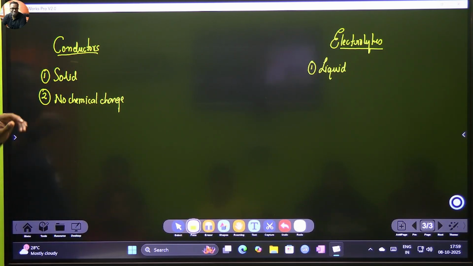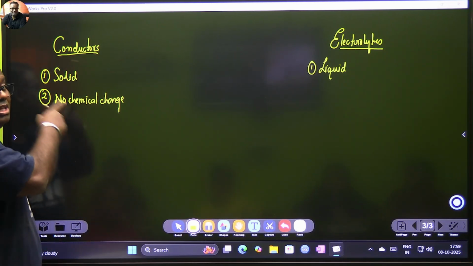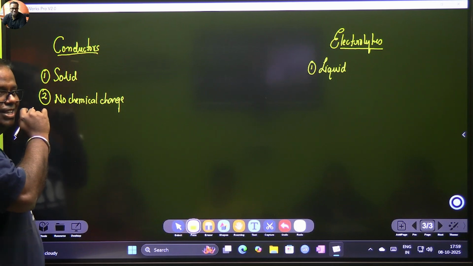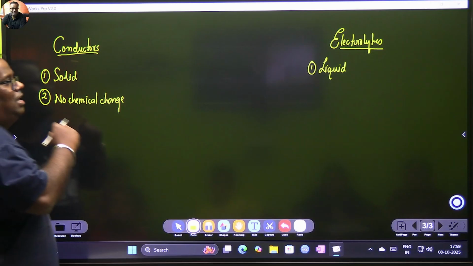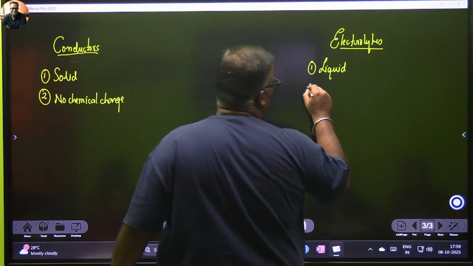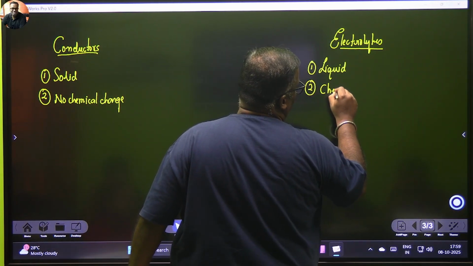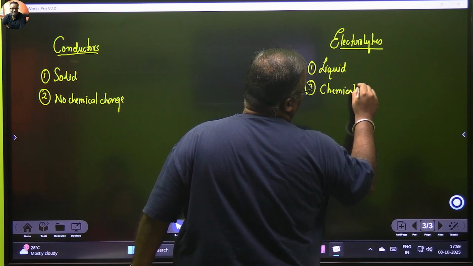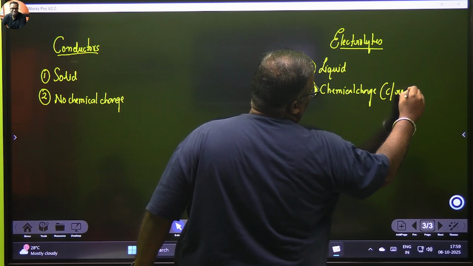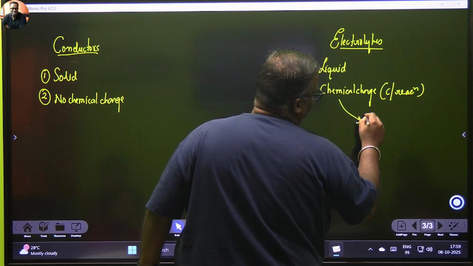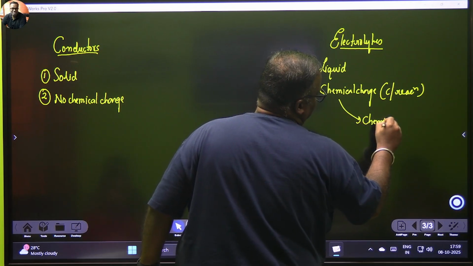You should remember, there's no chemical change, but they're blessed with two different types of changes, the heating effect as well, and both are physical changes. But in this case, we will say there will be a chemical change. And chemical change means, in short, there will be a chemical reaction. Therefore, there is a chemical effect.